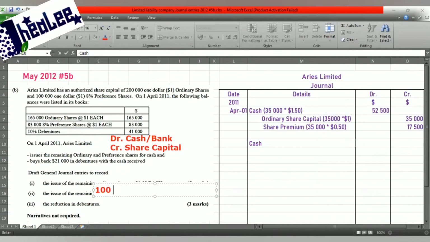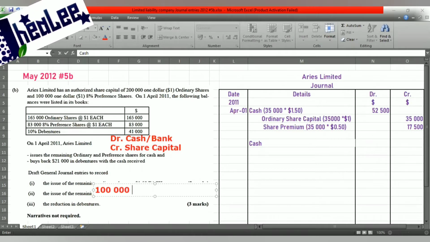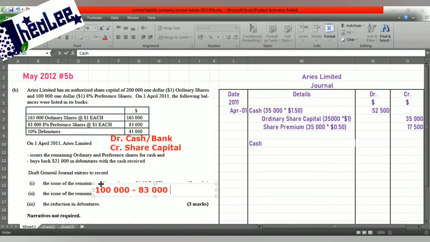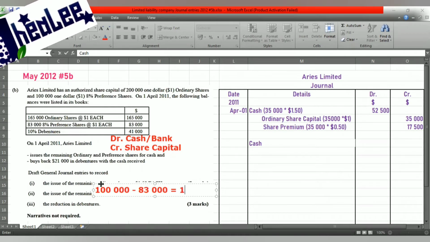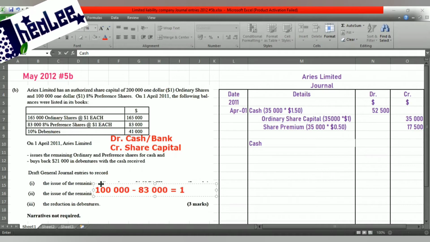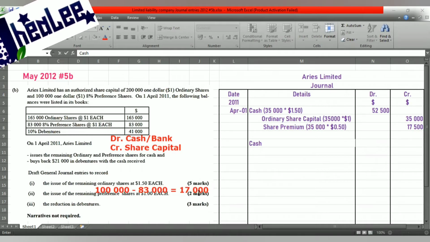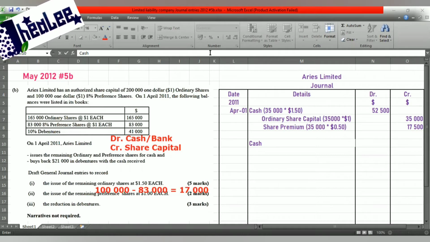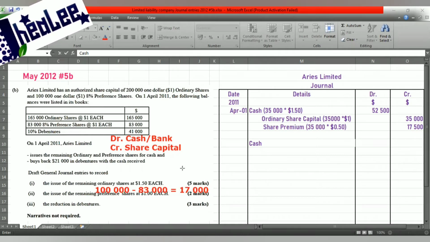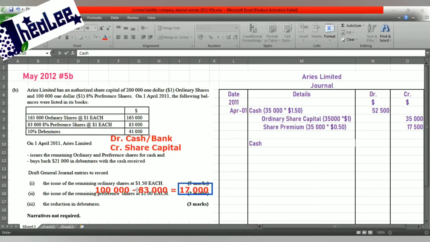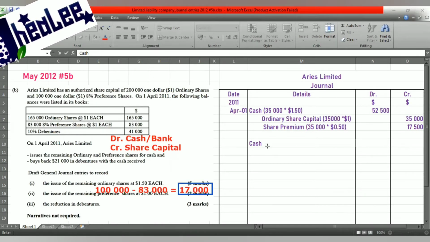So it's 100,000 minus 83,000, and that gives us a value of 17,000. Now this 17,000 is what we're going to sell now, because it said issue the remaining preference shares at $1 each.